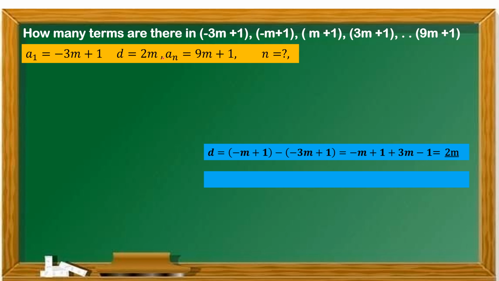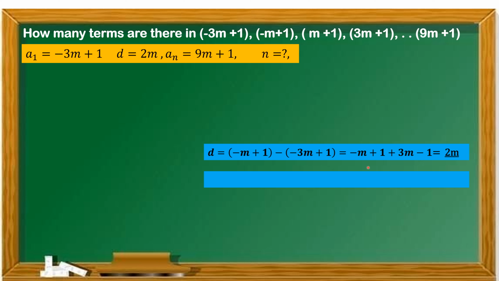So let us try. It is already known that to get the common difference, we take the second term minus the first term. So we have the second term, which is negative m plus 1, minus our first term, which is negative 3m plus 1. And we will be simplifying: distribute the negative to the terms inside the parentheses, so that will become positive 3m, because negative times negative is positive, and negative times positive 1, we have a negative 1.